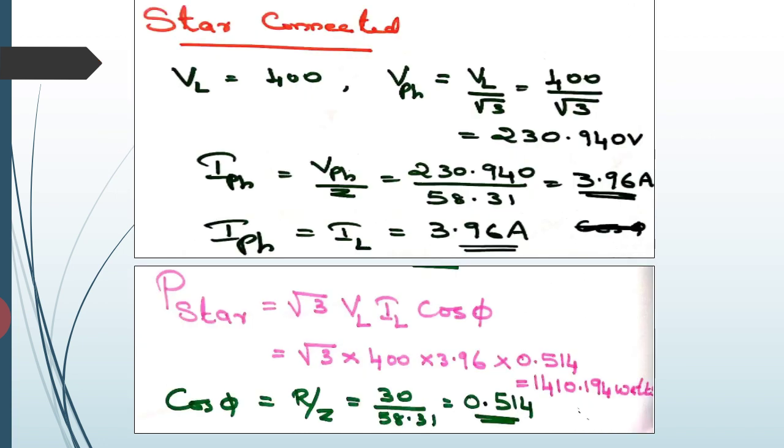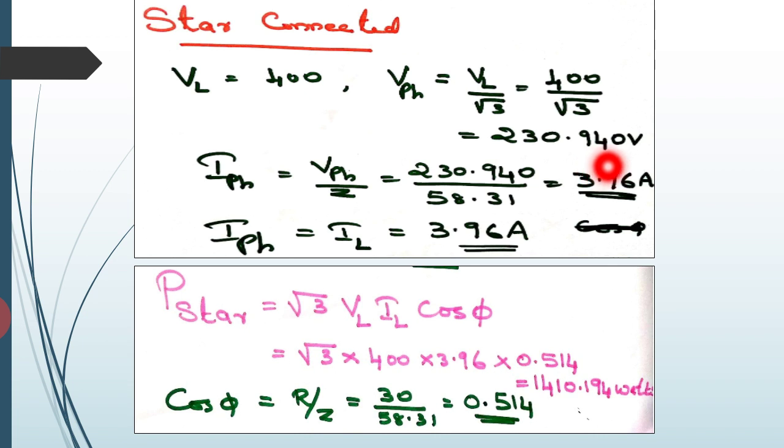For star connection, we know that VL, V line, is equal to root 3 V phase. The only data given is VL equal to 400 volt. Using that data, we can find V phase as VL by root 3, that is 400 by root 3, that is 230.940.